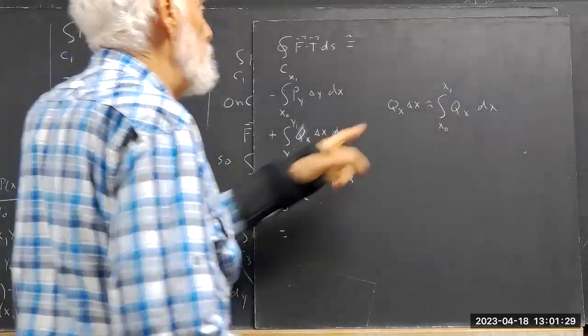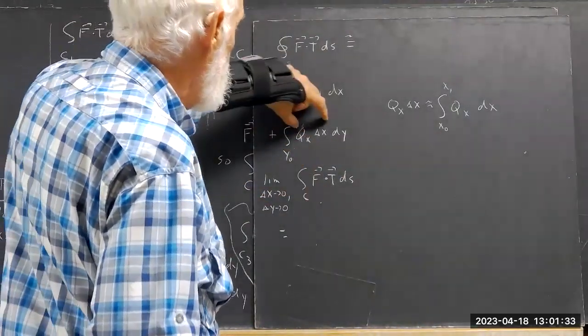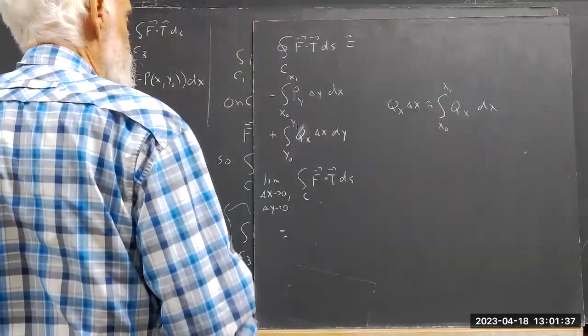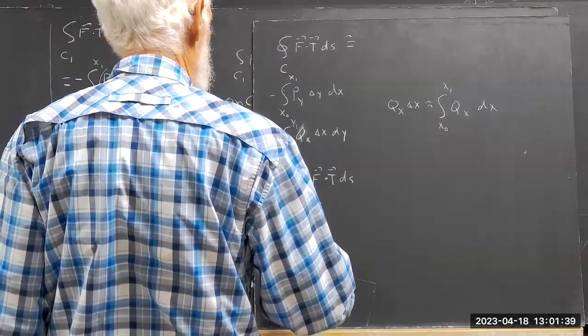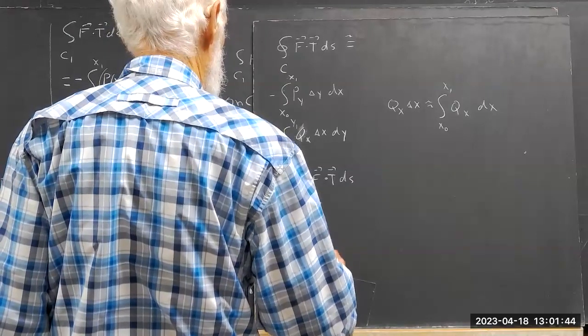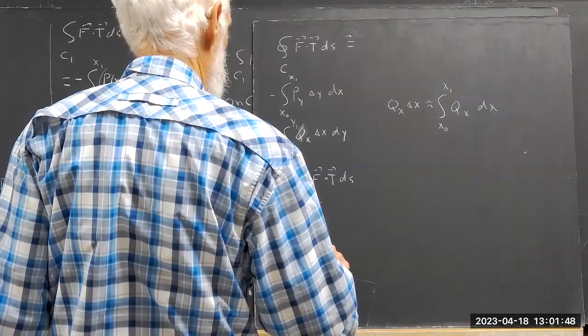Okay, so I'm waving my hands a little bit, but we've got to understand that q_x delta x is approximately the best. This would be the limit as delta x goes to zero. Well, this is the limit.